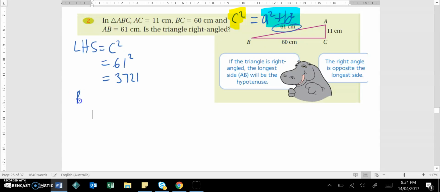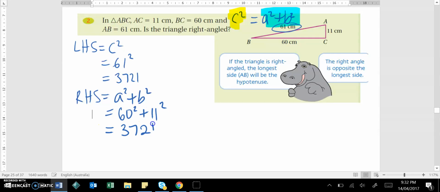We're then going to take the right-hand side of the equation, which is a squared plus b squared, and we're going to substitute in those sides, which is 60 squared plus 11 squared. When you work that out in your calculator, you surprisingly get the same result.